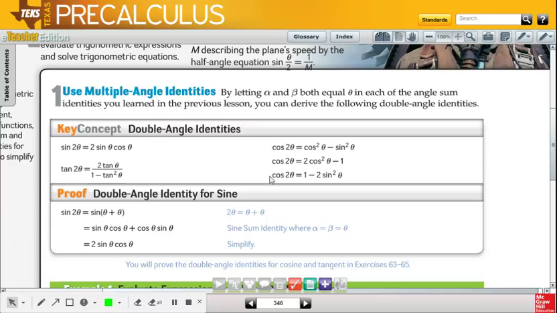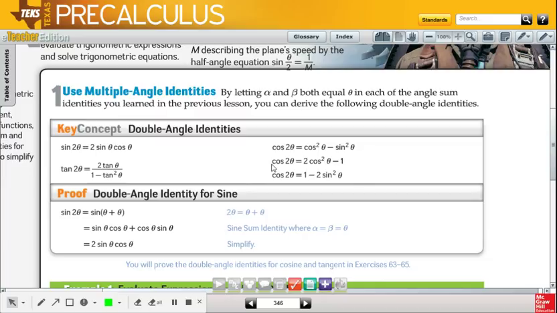Now, the last three, they're all for cosine of 2 theta. The first one, cosine of 2 theta is equal to cosine squared theta minus sine squared theta.